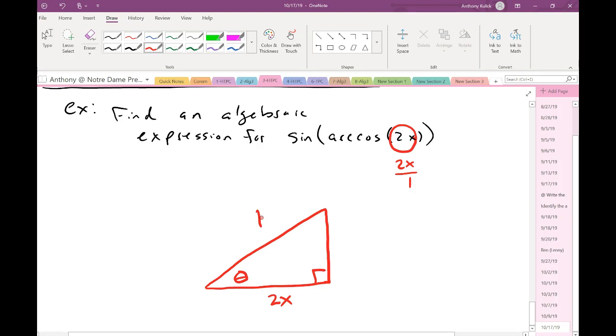Now I can find the third side of this right triangle using the Pythagorean theorem. So 1 squared is equal to whatever squared plus 2x squared. When I solve for that whatever, I'd get the square root of 1 minus 4x squared.